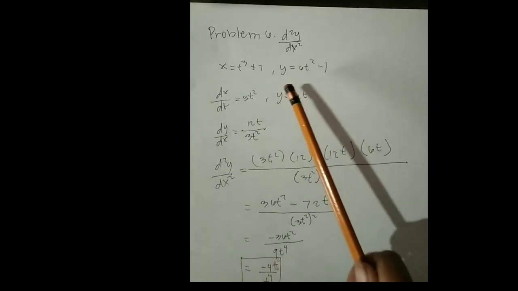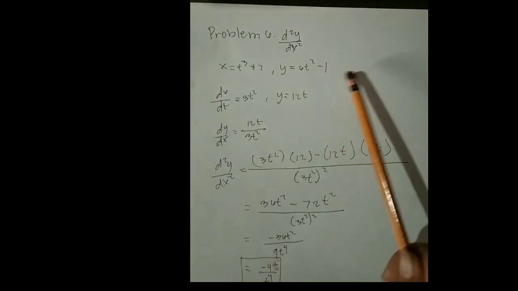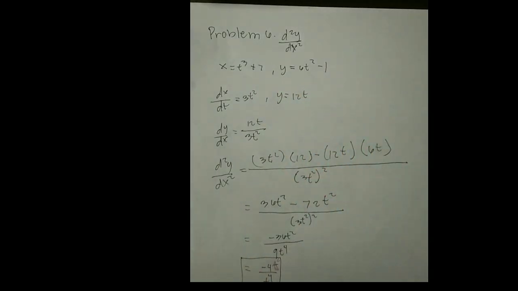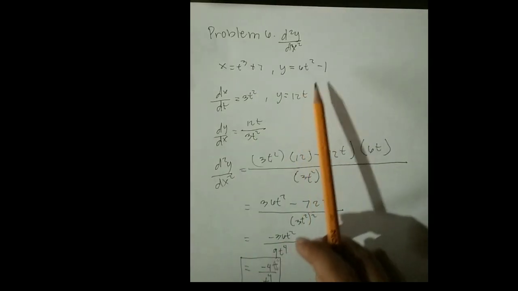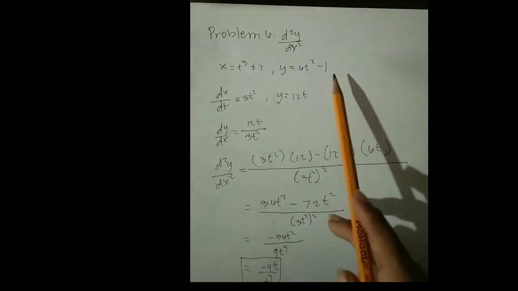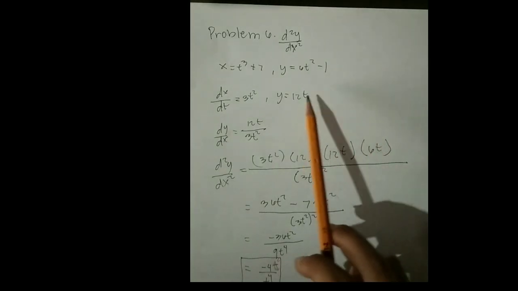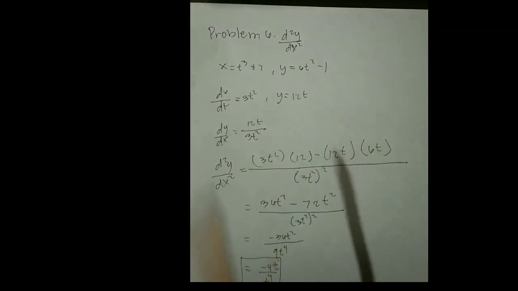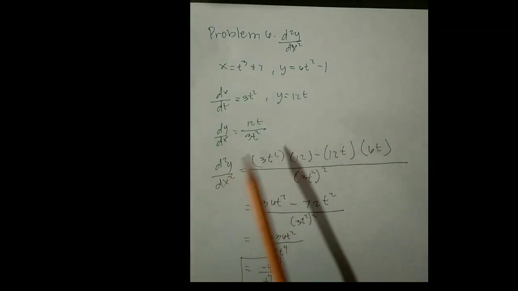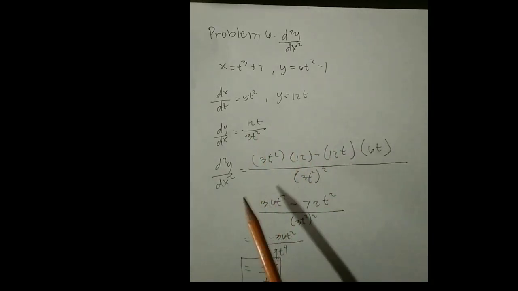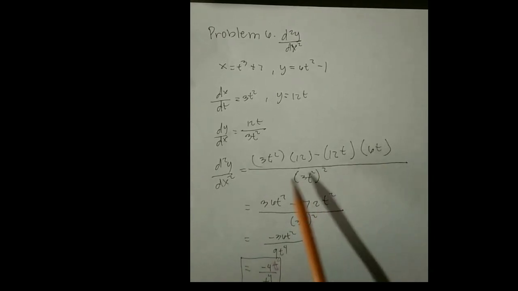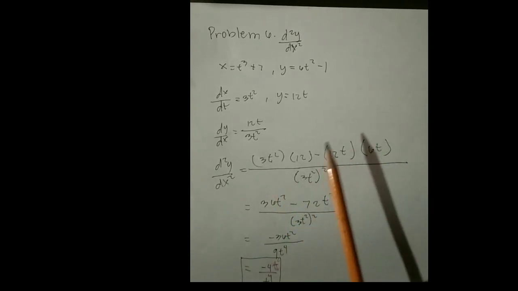So next, the quotient rule. For the second derivative, we need to use the quotient rule. So 3t squared times 12 minus 12t times 6t over 3t squared raised to the power of 2.